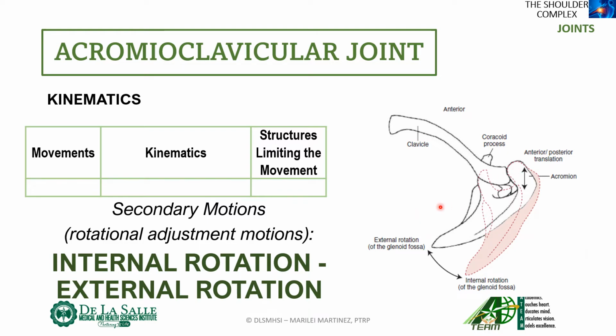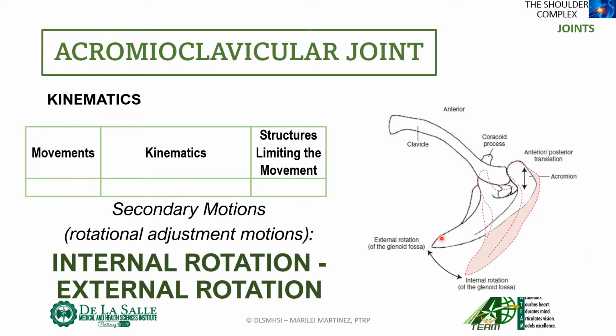For you to be able to better visualize this, look at the glenoid cavity around this area. Okay? So internal and external rotation is defined by the direction of rotation of the glenoid fossa around this area. So when you say internal rotation, the glenoid fossa is going internally, like the shoulder going in internal rotation.